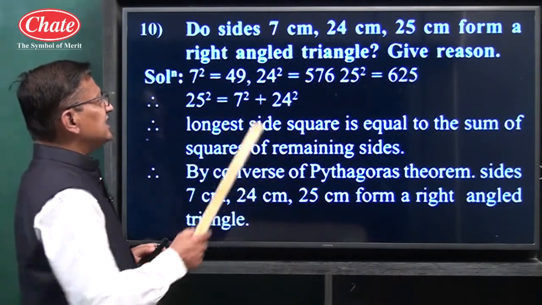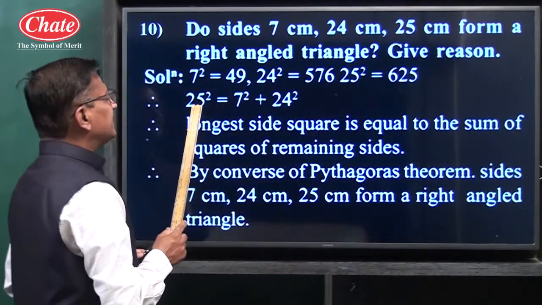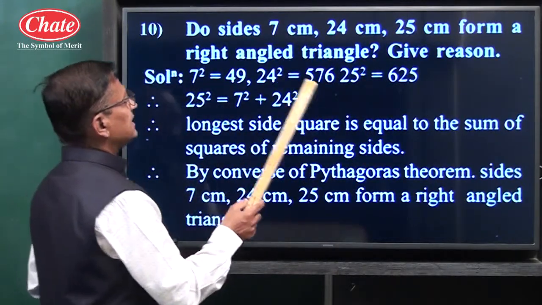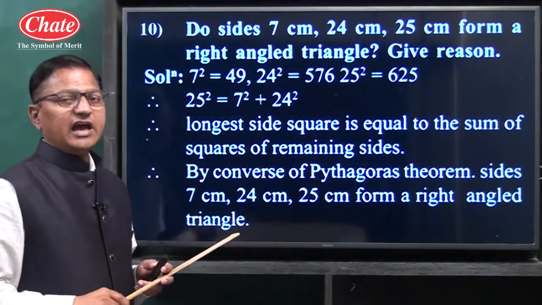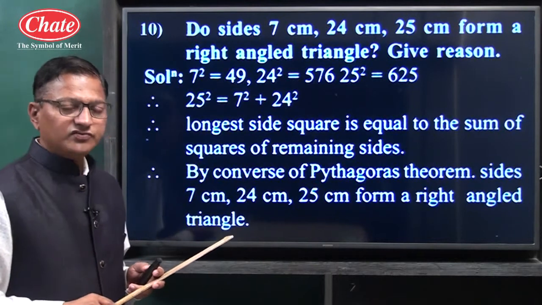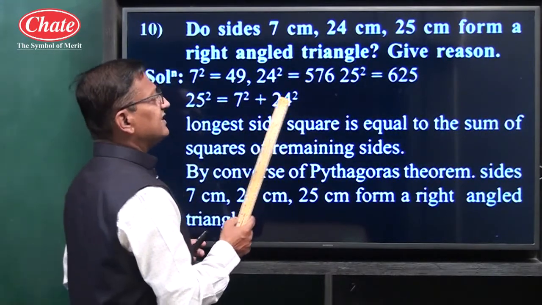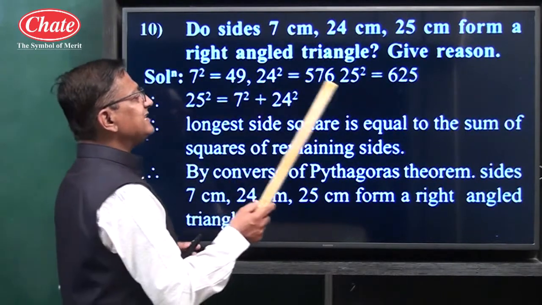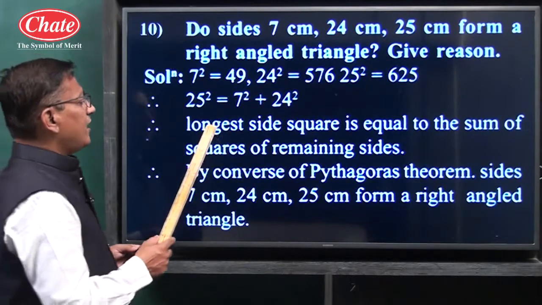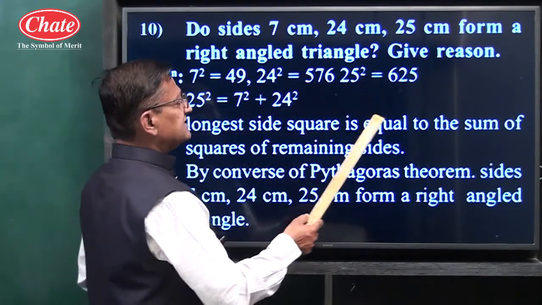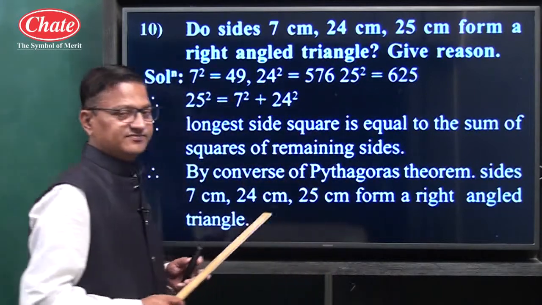So first the largest number is 25. So 25 square is equal to 625. Addition of squares of the remaining two numbers, 7 square plus 24 square, is equal to once again 625, and therefore we can say the longest side square is equal to the sum of squares of the remaining sides.